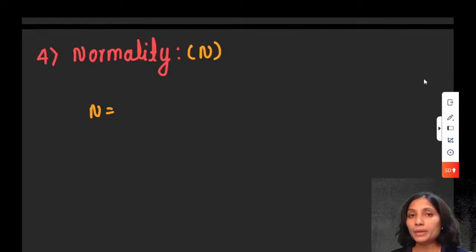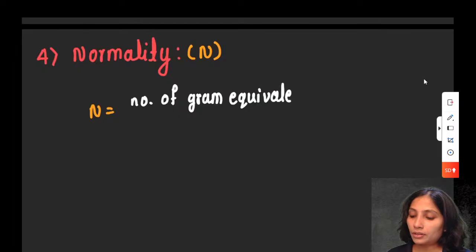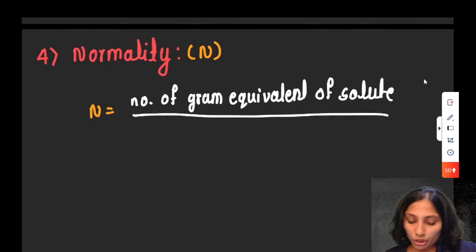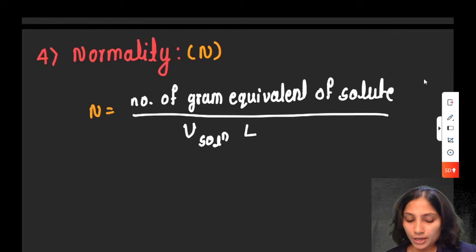I'll explain what this is. N is equal to number of gram equivalent of solute divided by volume of solution in liter.